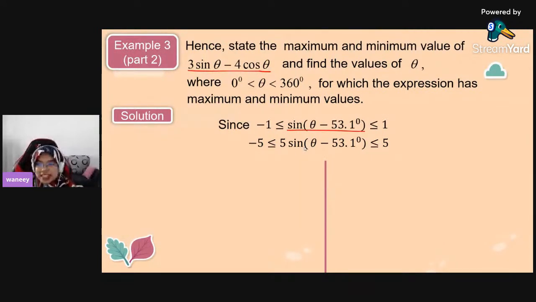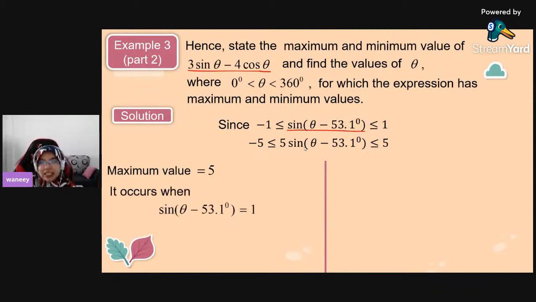So what it means is that the maximum value now is 5, and it occurs when sine (theta minus 53.1) equals 1. So in order to get the 5, sine needs to be equal to 1. Do you guys remember how to get a 1 for the sine?